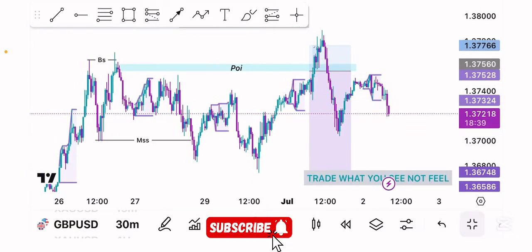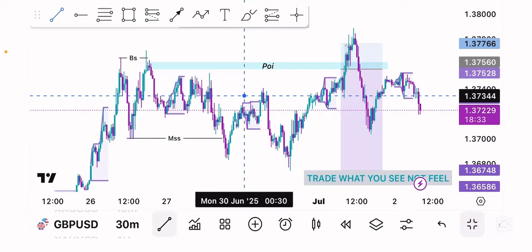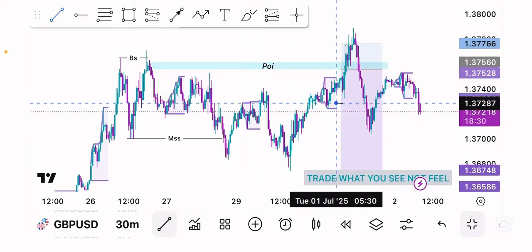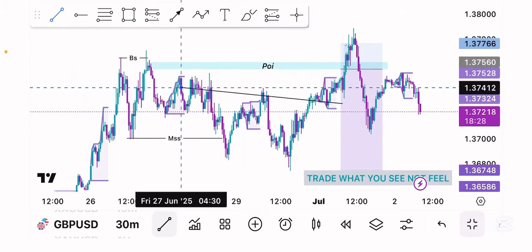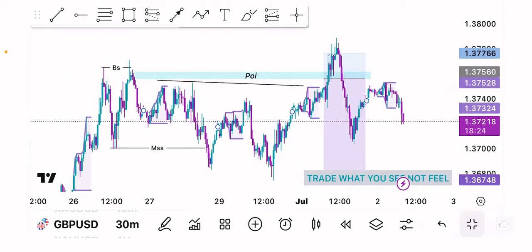As you can see, price spotting out my full setup, my confluence, and all that. This is the liquidity to this setup.